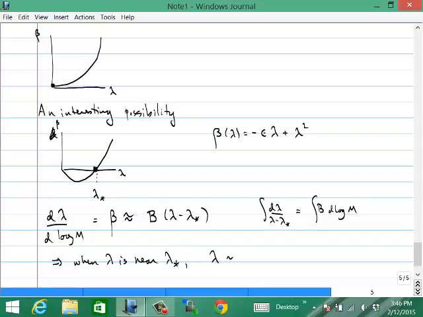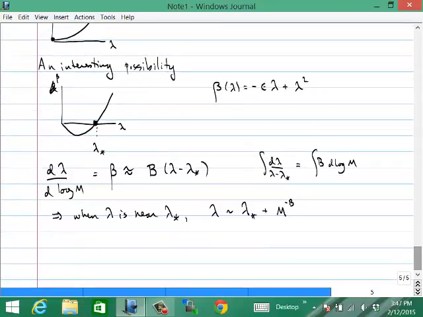So it says that lambda goes like lambda star plus terms that vanish, as you take the scale to infinity. Sorry, as you take the scale to 0. So what does that mean?